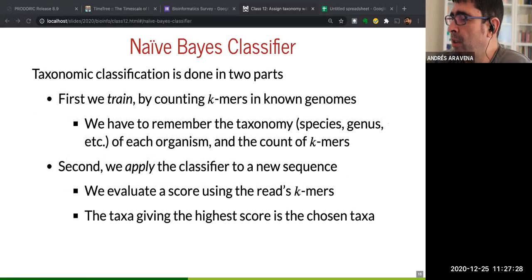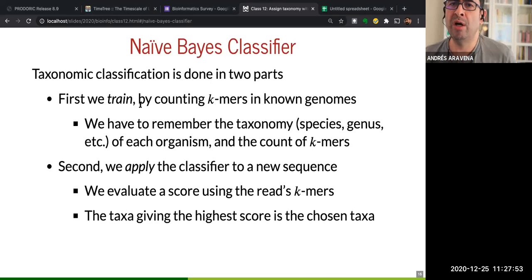It's one of the most common tools for automatic classification of things. This is machine learning, the basic idea of machine learning, okay? And like all machine learning, you have two steps. First, you have a training, when you show examples. You have a set of genomes where you know the taxonomy, and you show them to the system.